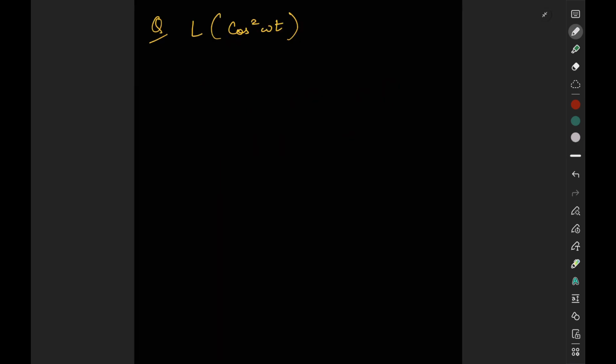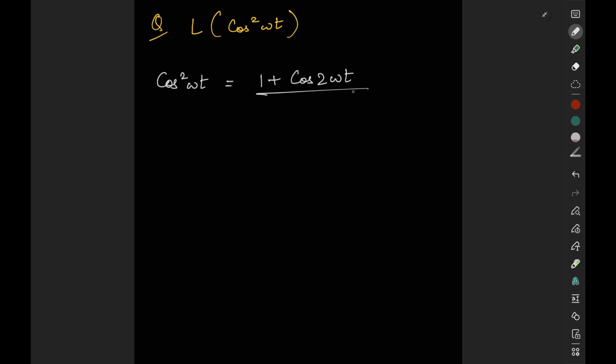Let's see another question. So we have Laplace of cos square omega t. Here we can write cos square omega t as 1 plus cos 2 omega t upon 2. So Laplace of cos square omega t will become 1 by 2 times Laplace of 1 plus Laplace of cos 2 omega t.